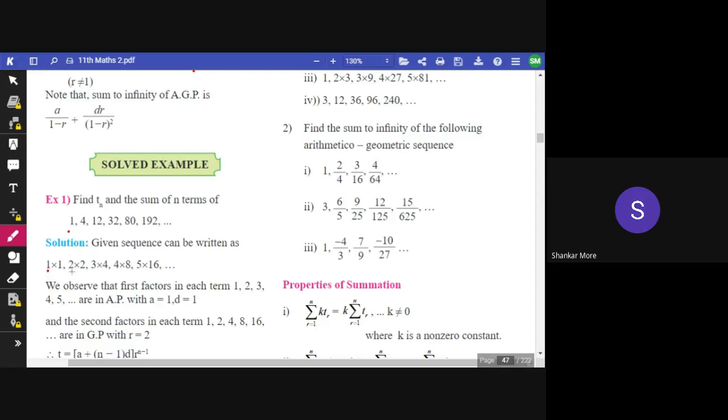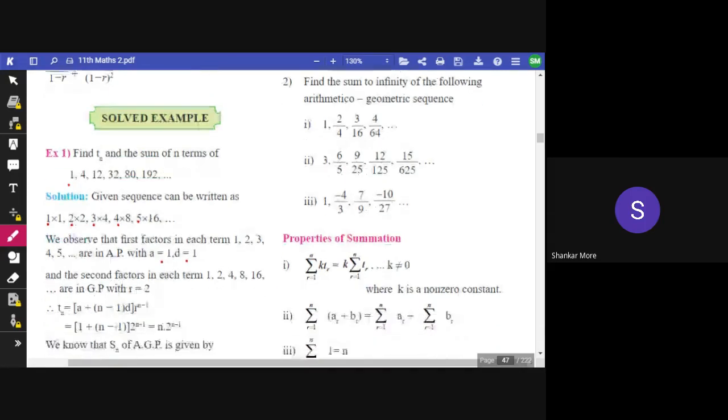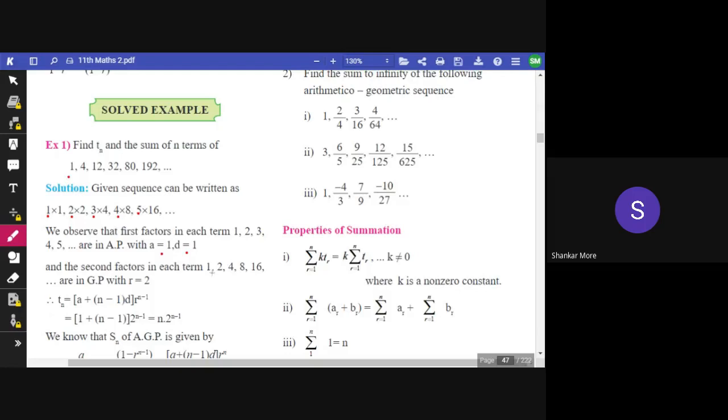They are in AP with A equal to 1 and D equal to 1. The second factors are 1, 2, 4, 8, 16. They are in GP with R equal to 2.